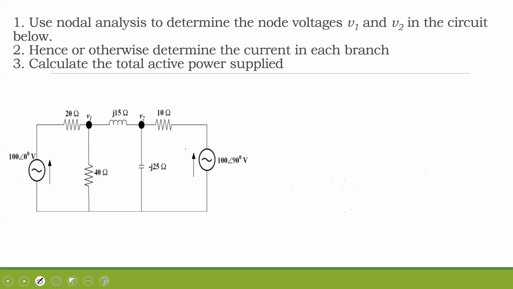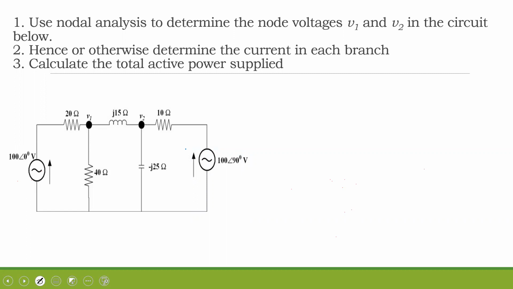Yes, sir. All right. And what would A12 be equal to? It would be the inductor, J15, 1 over J15. Sure about that? Negative 1 over J15. Okay, so it's a negative of 1 over J15. And A21 would be the same. Yes. All right.